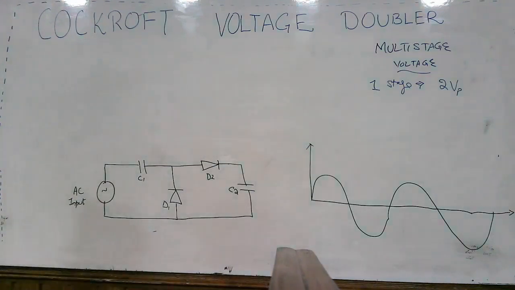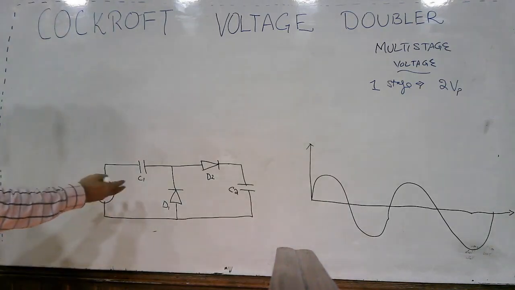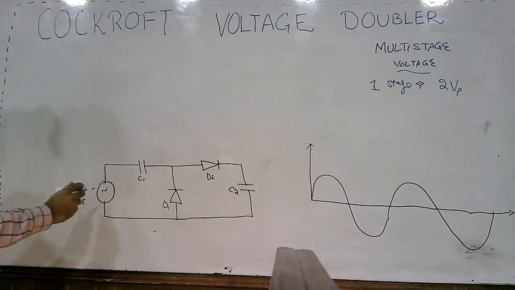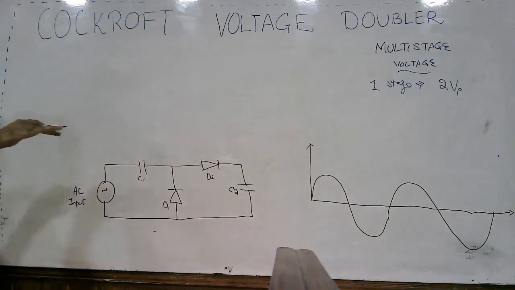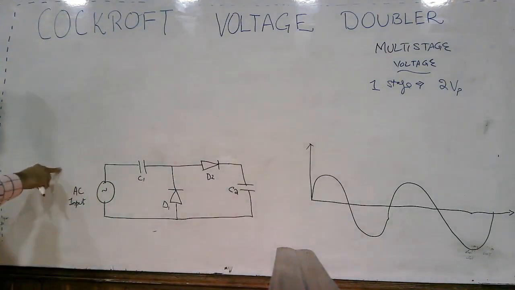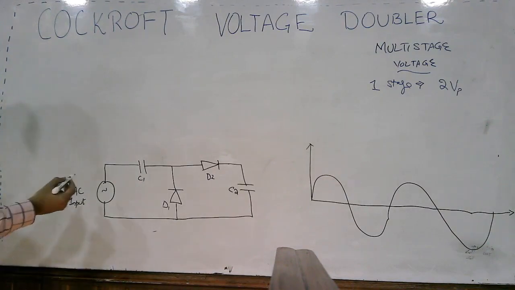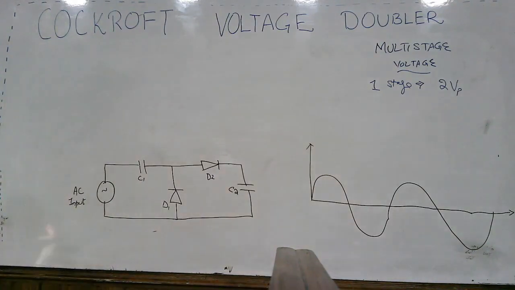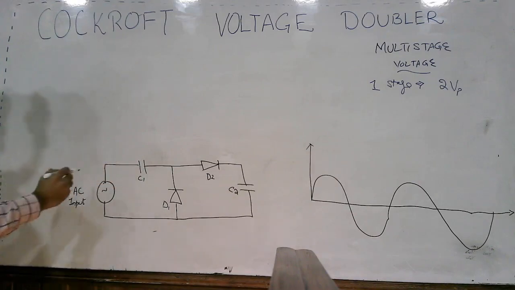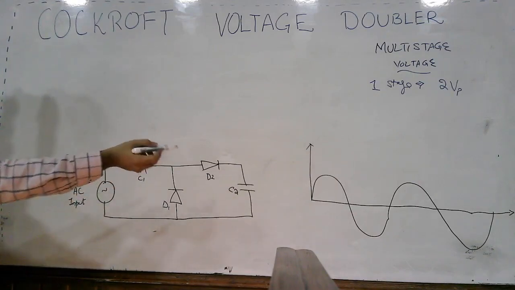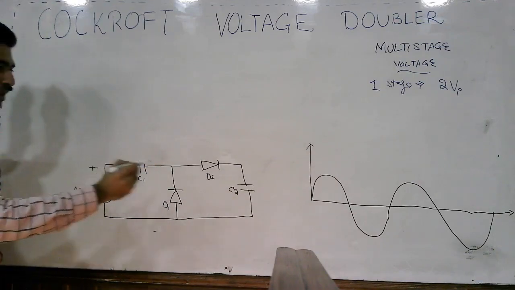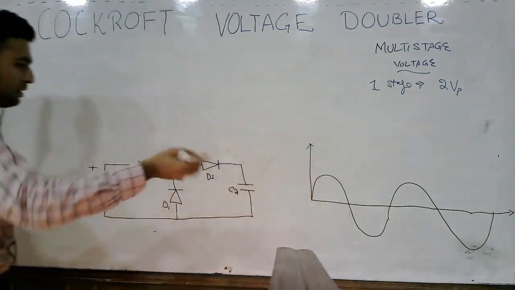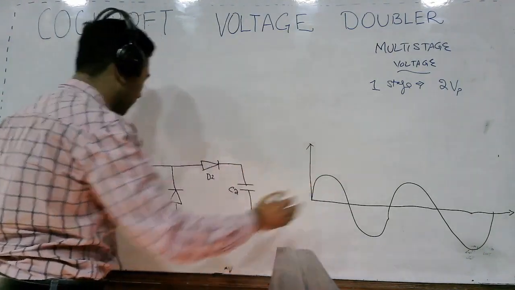So what happens first, as you are well aware, let's see, catch with me and open up your eyes so that you will be able to understand what's going to happen. When the cycle starts, it starts with the positive half.